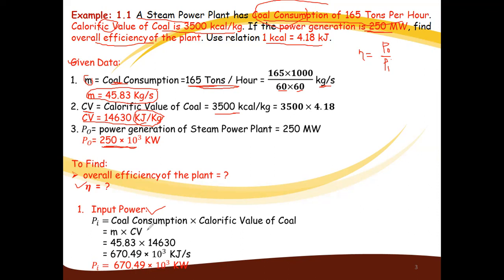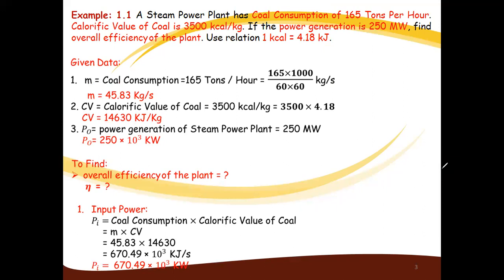Kilojoule per second is nothing but kilowatt. So we get the input power as 670.49 into 10 raised to 3 kilowatt. Now the output power is given, so from that we can find the efficiency.